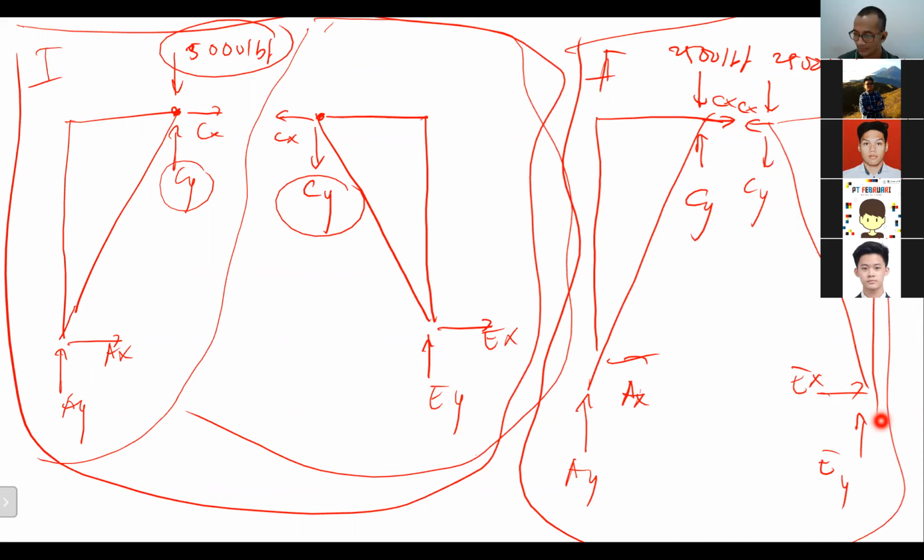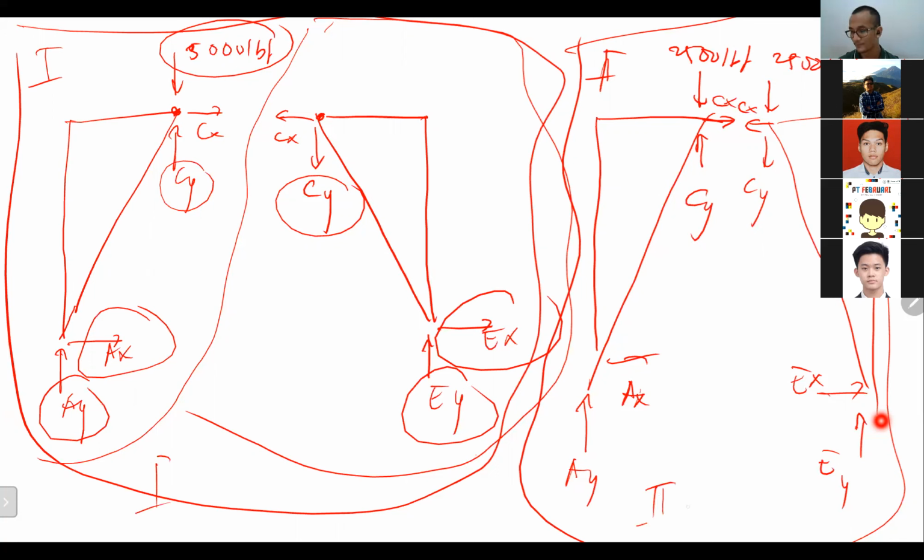But the results for the rest, AX, AY, EX, EY, will be exactly the same using the first or the second one. You can find out. Matthew, do you get it? Yes, sir, will do. Thank you, sir. So later, the one adjusting the value is CY. CY here and CY here will have different values.